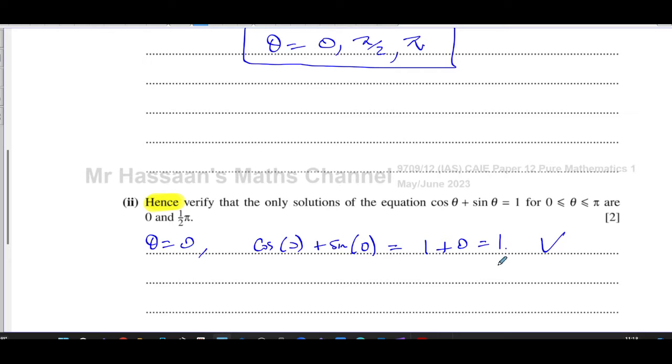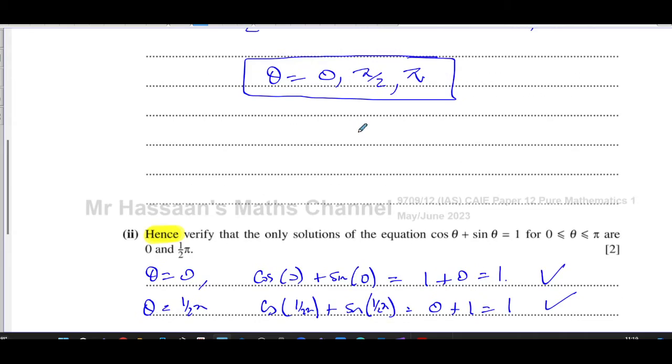It makes it true. And when we put θ = half π, we'll have cos of half π plus sin of half π. The cosine of π/2 is 0, and the sine of π/2 is 1, so you end up with 1. So those are the only two solutions.